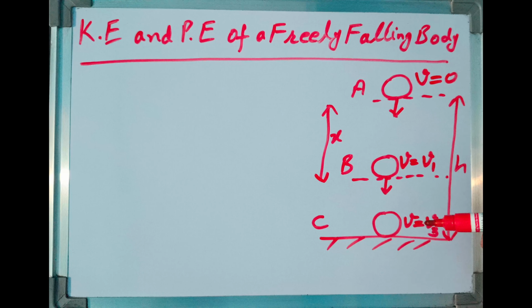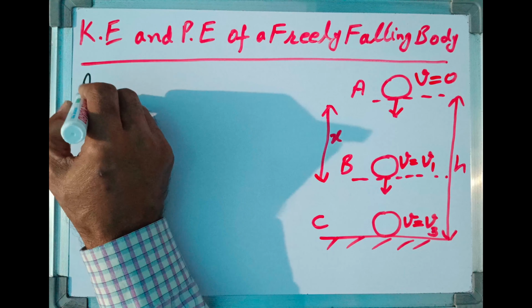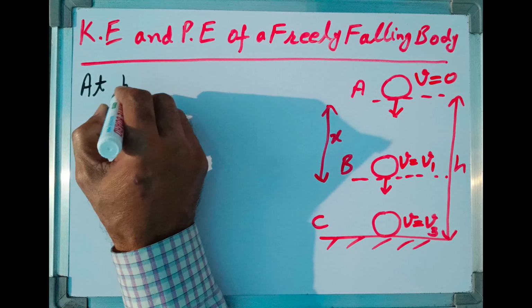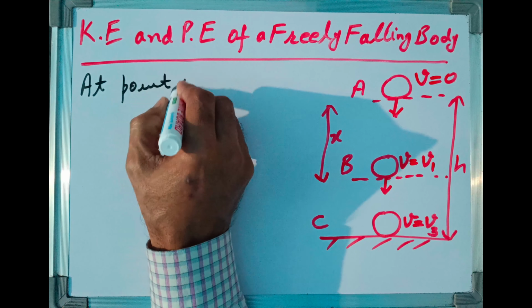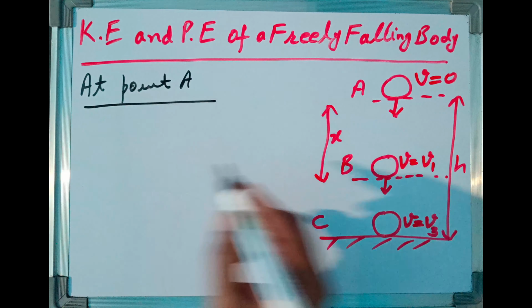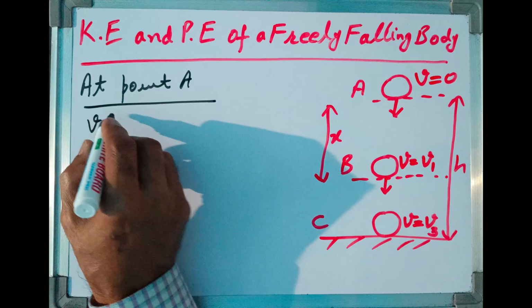Our question is, what is kinetic energy and potential energy at point A, at point B and at point C? That is to be calculated one by one. First of all, let us consider point A. At point A, speed of the body is 0.